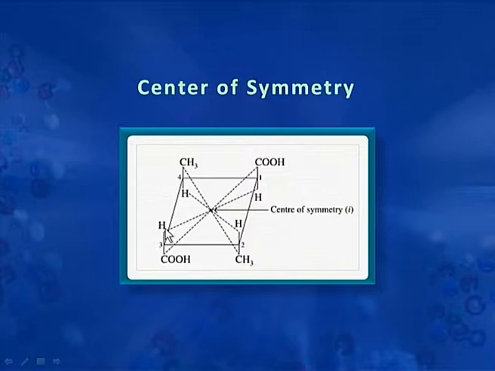Similarly, if I start from this hydrogen and move to this point and then extend this line beyond it, we will meet another hydrogen. Similarly, for methyl group, we find that after an equal distance passing through this point, we get a methyl group. Such a point in a molecule is called center of symmetry. Center of symmetry is also represented by small i.